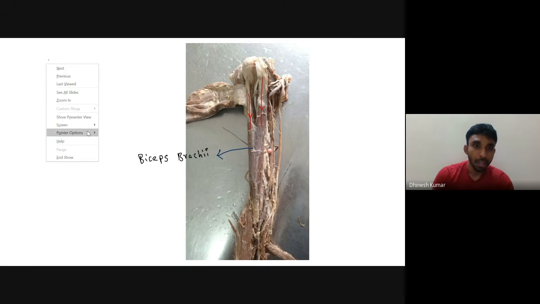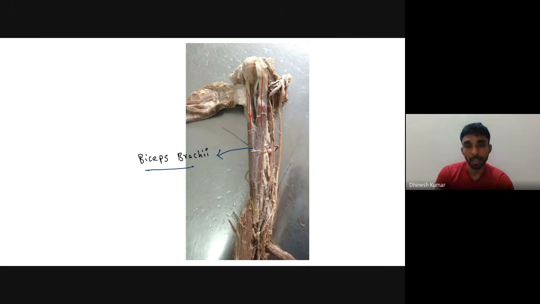So the questions may be on origin, insertion, that is attachments, or nerve supply, or action. Do you see the muscle is running like this? Finally, the tendon of biceps brachii will get inserted.